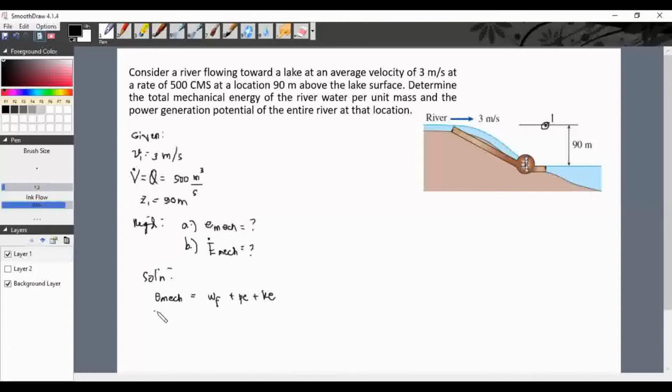So we have flow work is equal to P times specific volume kapag per mass basis plus potential energy is g z, wala nang mass kasi nga per mass basis tayo, g z over proportionality constant K. And we have kinetic energy per mass basis of V squared, velocity squared over 2 times proportionality constant.